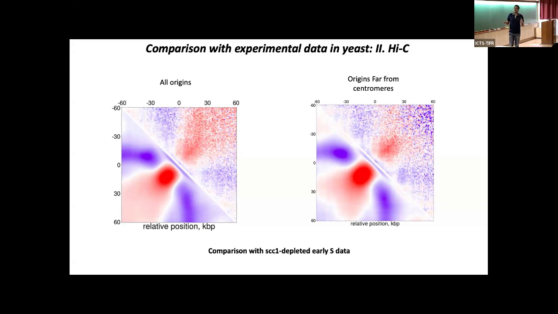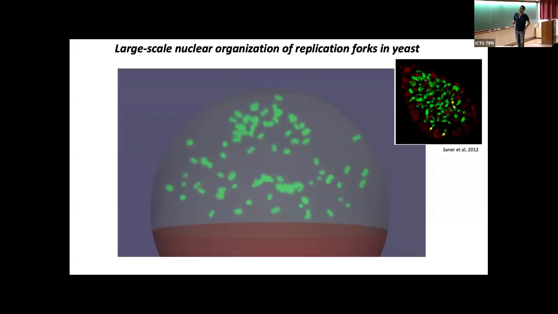It's true that this is not quantitative. Our fountains are much stronger than what you observe experimentally. And again, that could be a signature of a mixed scenario between fountains, so replication interactions, interaction between forks, and no interactions.